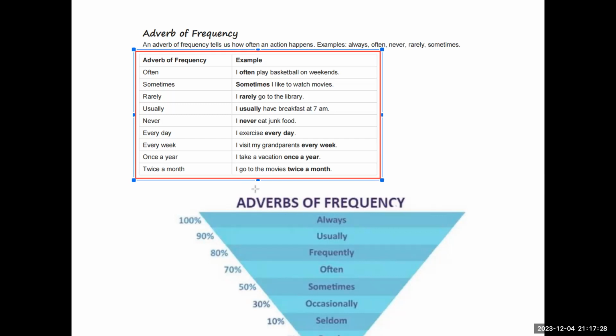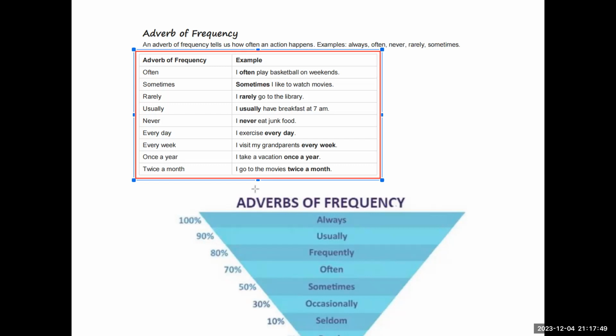You know everything, like the given examples here, right? Familiar with all of it? Often, sometimes, rarely, usually, never, every day, every week, once a week, twice a month.